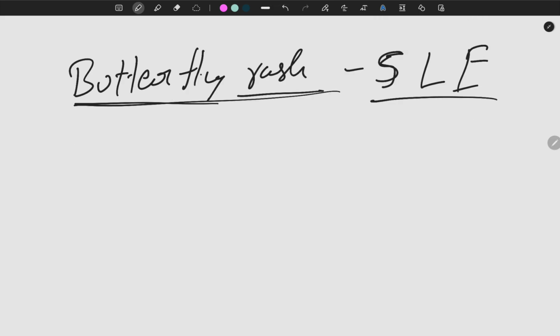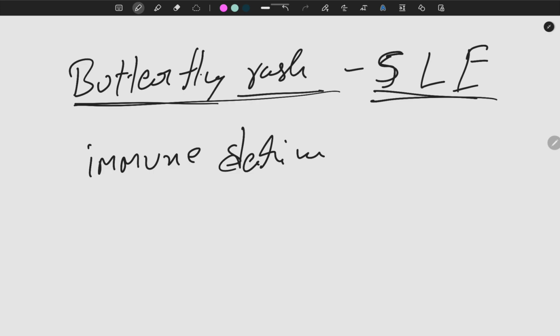So what is the meaning of systemic lupus erythematosus? So it is nothing but an immune deficiency, okay, otherwise autoimmune disease.